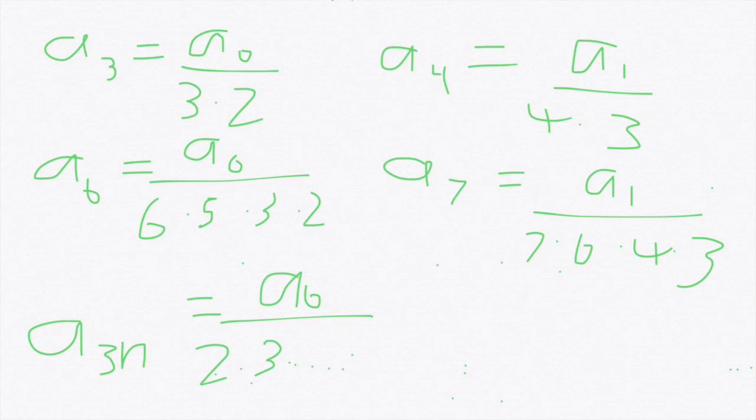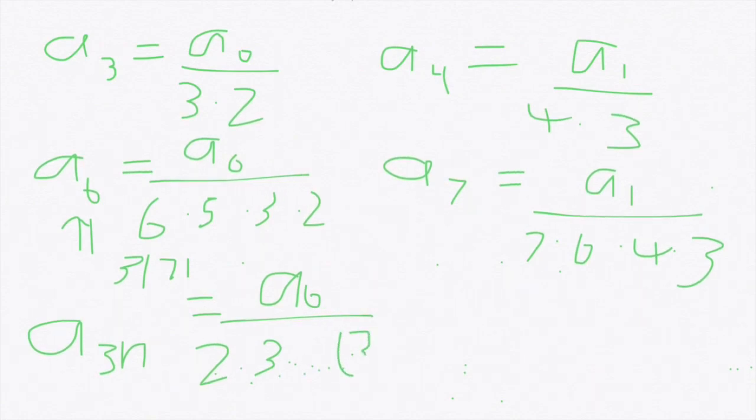So if n in this case were equal to 2, we have 2, 3, 5, 6. So in this case, this is 3 times 2, and this is 3 times 2 minus 1. So the pattern keeps on going until 3 of n minus 1 times 3 of n.